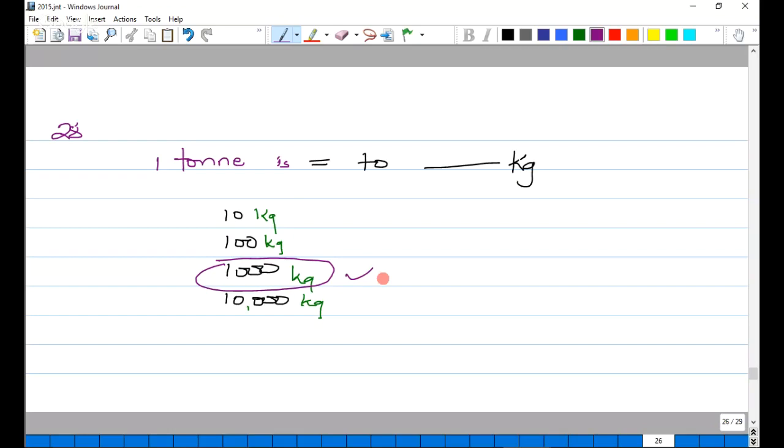You have your workbook with you? Yes, sir. Check in the section that talks about measurement. Okay, sir. What would it be under?